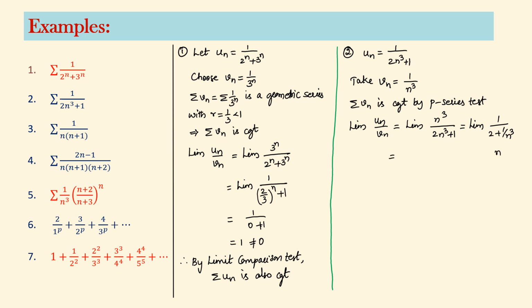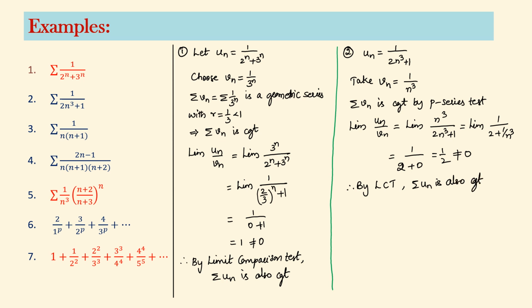Since n tends to infinity, 1 by n tends to 0, so in place of 1 by n, I can write 0. So 2 plus 0 cube, which is 0, is equal to 1 by 2. So 1 by 2 is not equal to 0. So by limit comparison test, summation Un is also convergent.